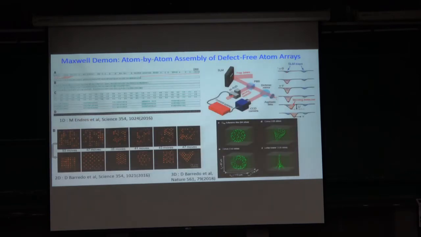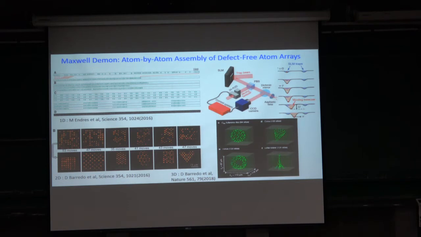Okay, and around 2016, people can use this kind of equipment to trap atom arrays. However, due to the collision blockade, what I said, the average loading efficiency is like 50%. So you can use some technique, the so-called atom by atom assembly.